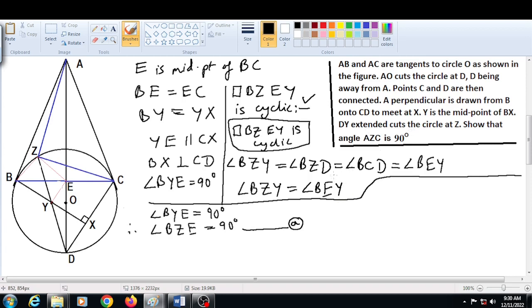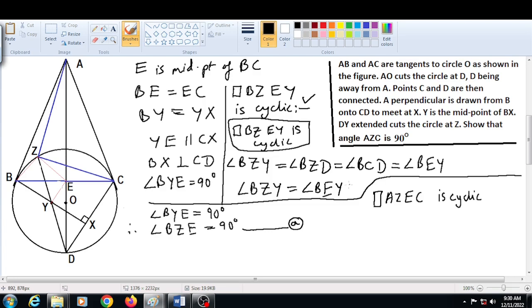Showing angle AZC as 90 degrees is the same as showing quadrilateral AZEC is cyclic. So these are two sides of the same coin.